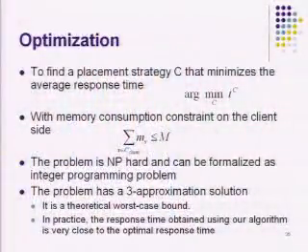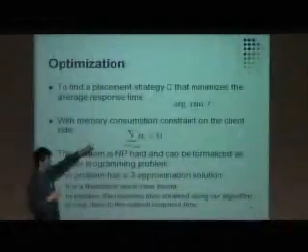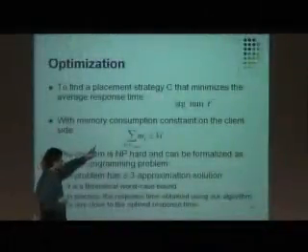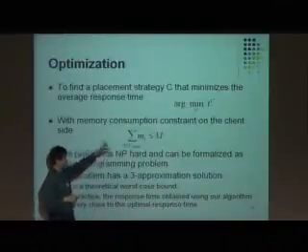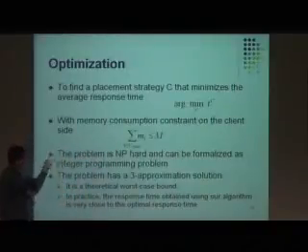So basically, the problem can be modeled as an optimization problem, where we try to find the best placement strategy C that minimizes the average response time over a workload, under the constraint that the amount of memory consumed at the client side should be smaller than a constraint on that particular client.